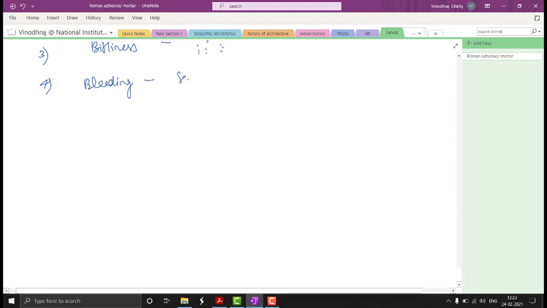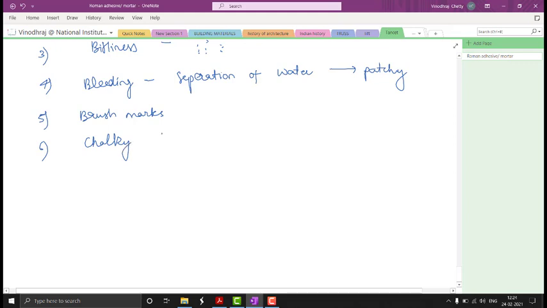So bleeding is a separation of water when we actually paint. Separation of the water part in a paint. So this leads to a patchy painting surface. The painted surfaces usually get patchy, right? Then there are brush marks, and the sixth one is chalking.